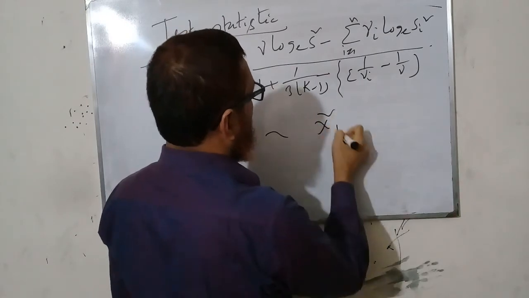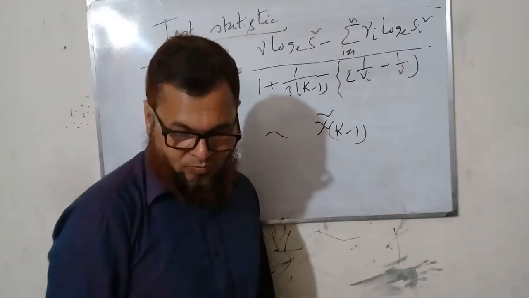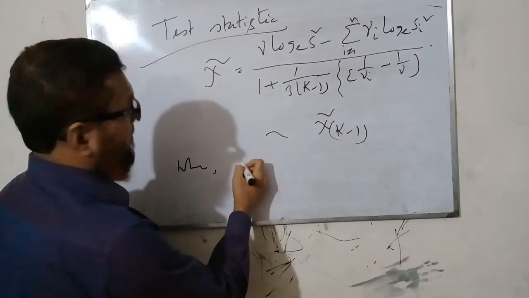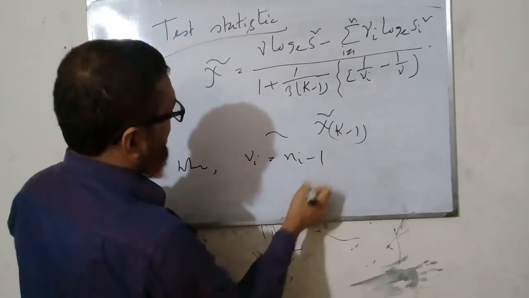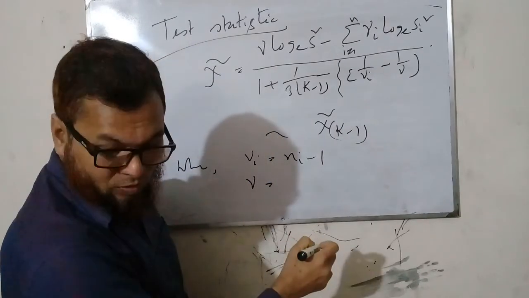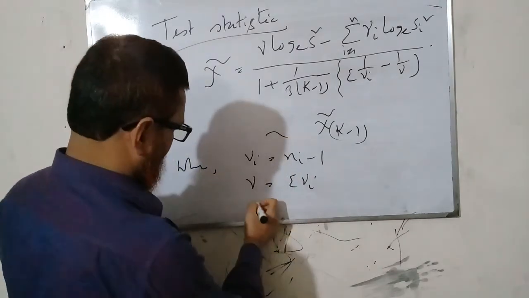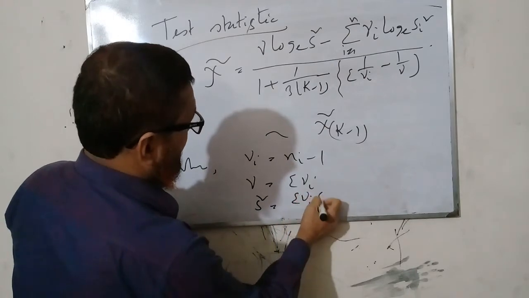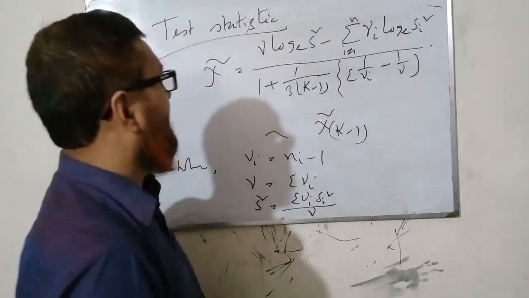This is chi-square distribution with k minus 1 degrees of freedom, where nu i equals n i minus 1, that is the degrees of freedom, nu equals the summation of nu i, and s square equals the summation of nu i s i square by nu.